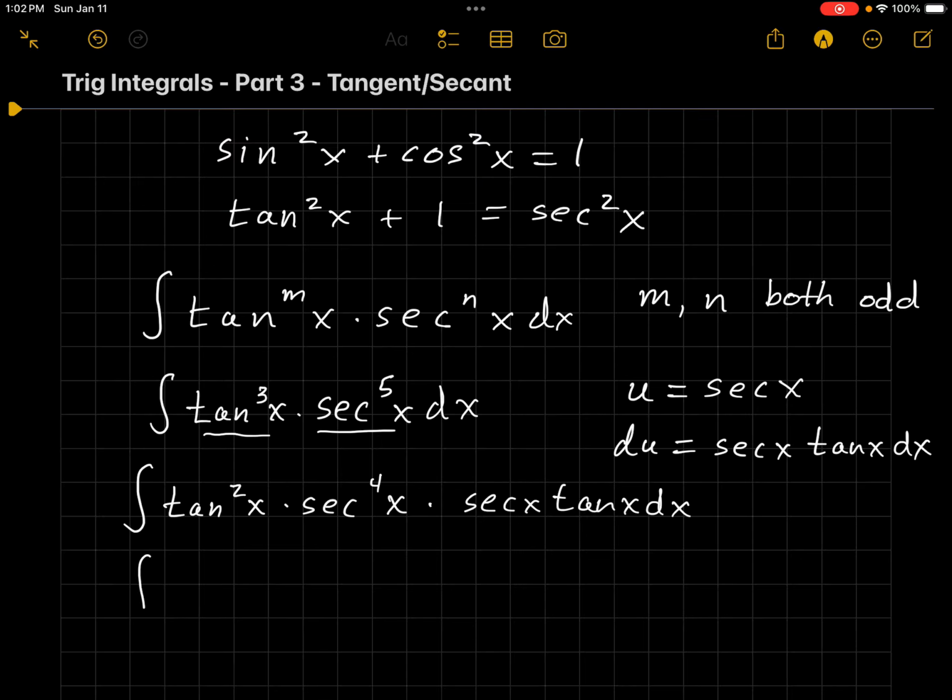Now, if I were to go through and substitute my u's at this point, I would have tangent squared of x times u to the fourth times du. And the one piece left over I would need to fix is the tangent squared. Looking above at my Pythagorean identity, I notice that tangent squared equals secant squared x minus 1.